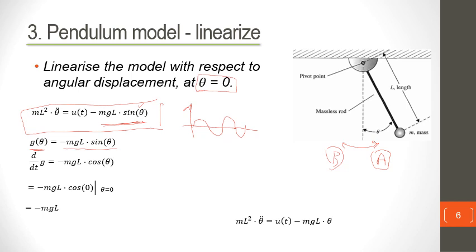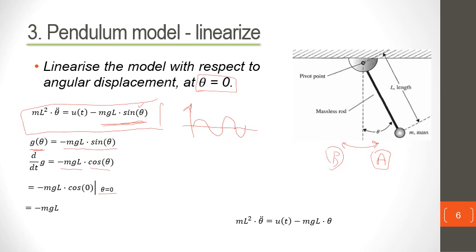Now, in order to linearize, as we remember, if you have a nonlinear function to linearize, there are two things that you do. The first thing is to take the first derivative of that function and evaluate it at the point where you want to linearize. So the first derivative of g will simply be the derivative of sine theta, which is cosine theta.